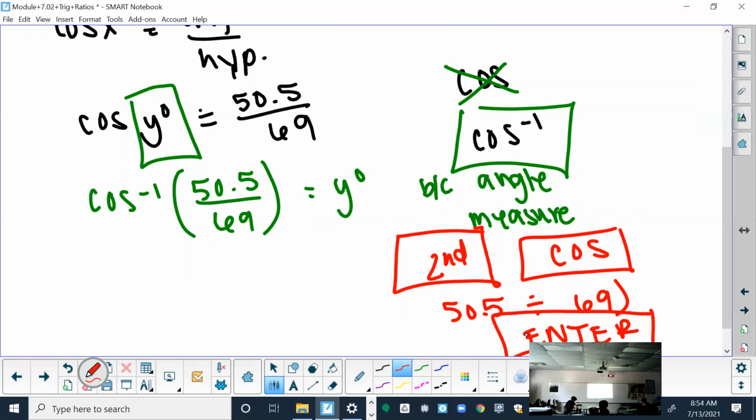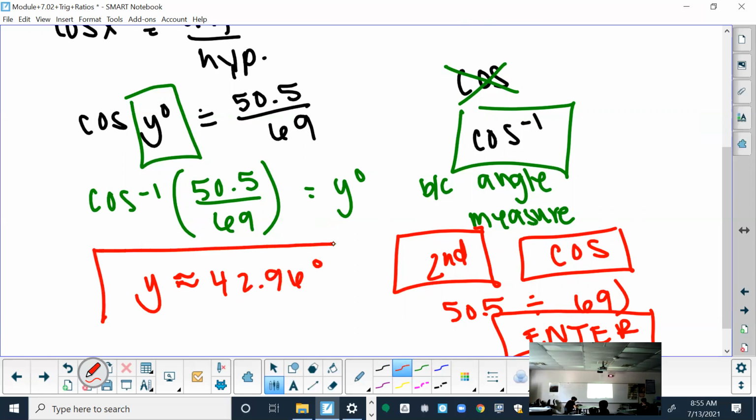Practice putting that in your calculator, and if you're getting something other than 42.96, then let me know.